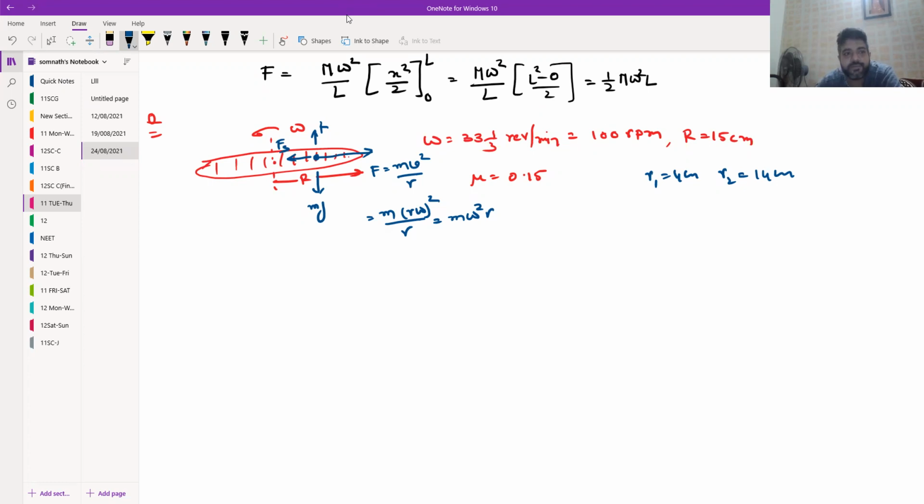To keep the coin on the disk or on that record, the frictional force must be greater than the centrifugal force, because the frictional force holds the coin against the centrifugal force. If the centrifugal force is greater than the frictional force, the coin will be thrown out from the record. Yes or no?